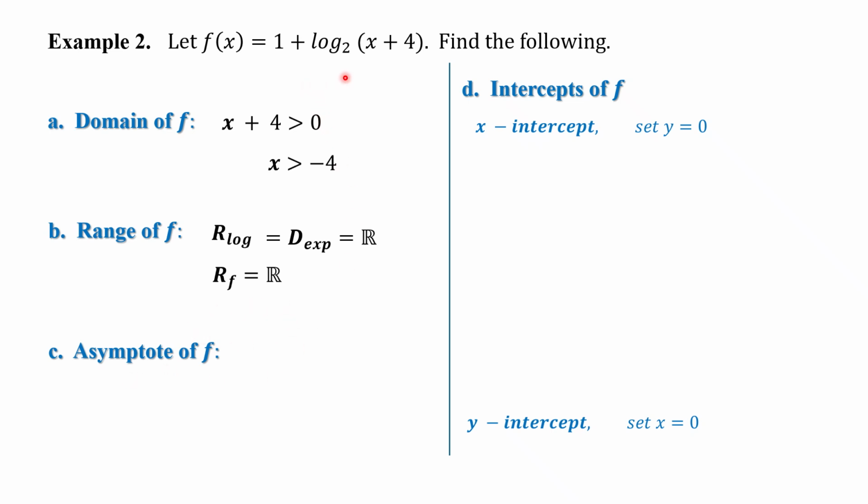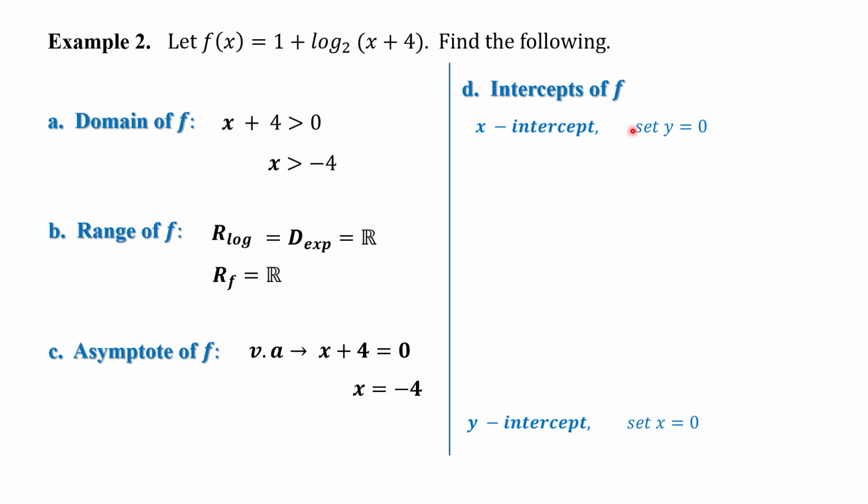The asymptote of a log function is a vertical asymptote. And the equation for the vertical asymptote is x equal to, we have to base this on this x plus 4 by equating x plus 4 to 0. So the vertical asymptote is x plus 4 equal to 0 or x equal to negative 4. So this is the equation of the asymptote of this log function.